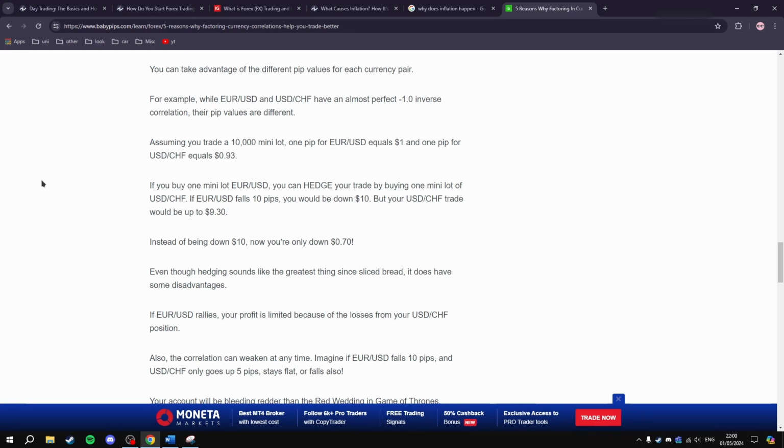If you buy 1 mini lot Euro USD, you can hedge your trade by buying 1 mini lot of USD CHF. If Euro USD falls 10 pips, you'll be down $10, but your USD CHF trade will be up $9.3. Instead of being down $10, you're only down 0.7 dollars.